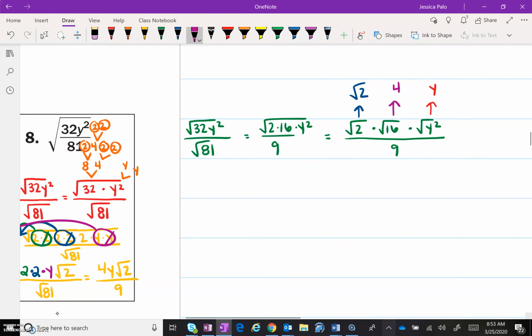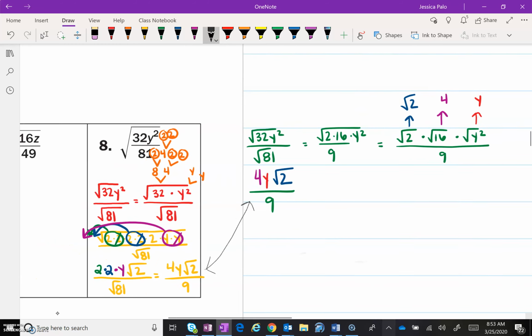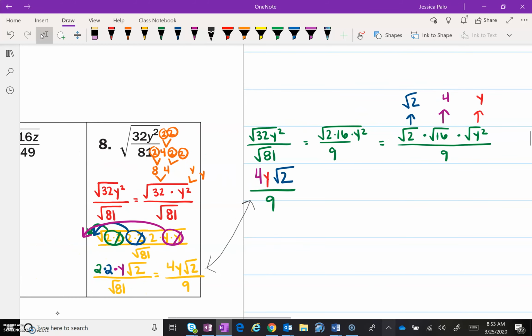So we are going to bring down the 4, y, radical 2, and all of this is over 9. Same answer, 2 different methods. And you can also use a combination of these 2 methods. Figure out what works for you. So that was your example.